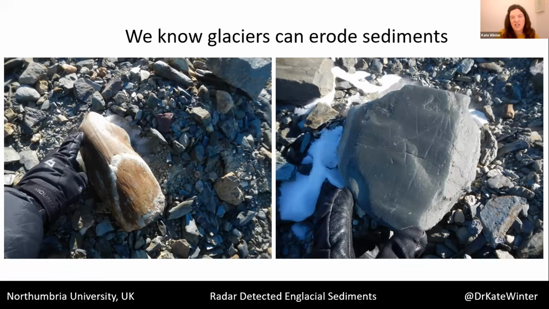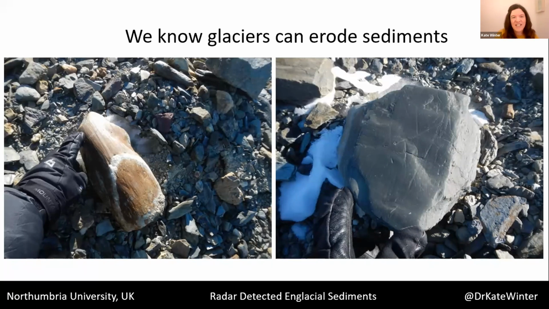We know that glaciers can erode sediments, and we're used to seeing U-shaped valleys and glacial sediment erosion. We can go off to moraines, and these are examples that we find. Now these are ones from Antarctica. The one here on the left, I think it looks a little bit like a guinea pig. It's got very parallel striations, so that tells us that this rock has been in contact with the glacial bed, with ice. And it's a completely different lithology from the rocks around it.